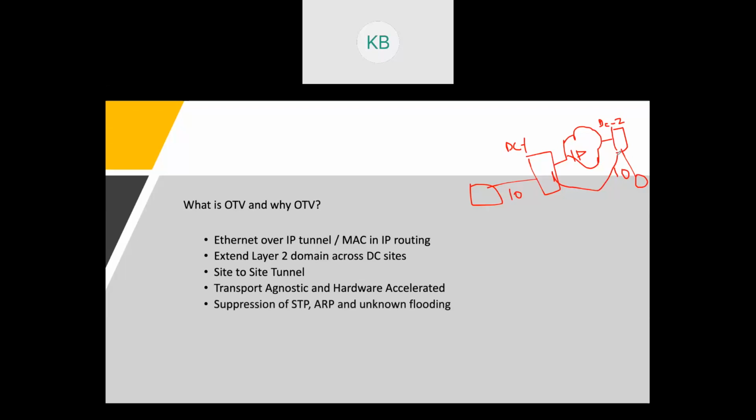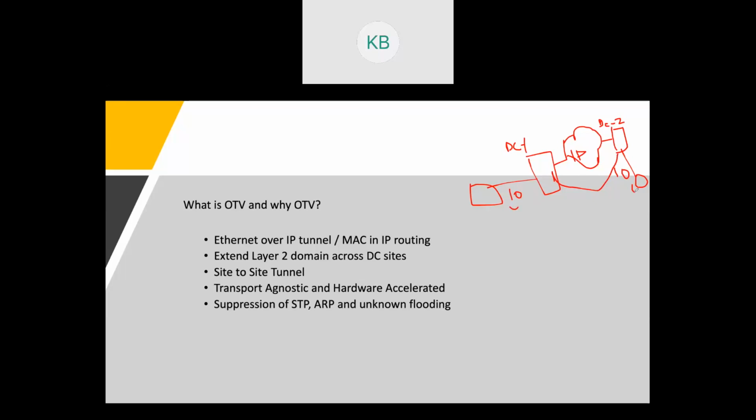Separation of STP, ARP, and unknown flooding. OTV edge devices don't forward the STP packets across the sites. Even though these two clients, as you see in this diagram, are in VLAN 10 and can exchange ARP packets, the STP domain in site 1 and the STP domain for VLAN 10 in site 2 are actually different.